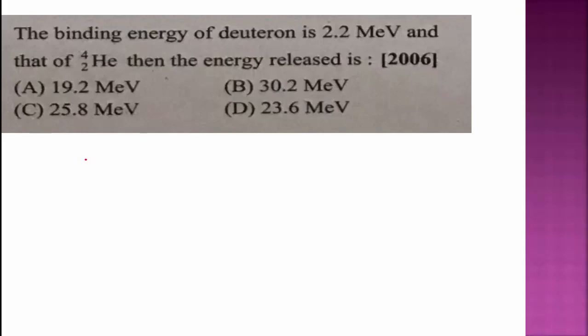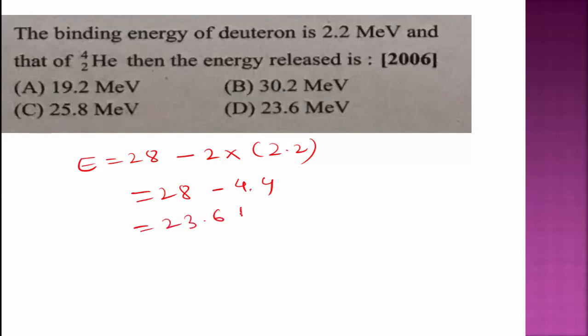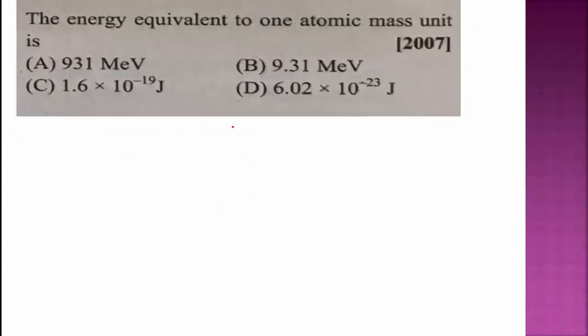In this reaction the energy released is 28 minus 2 into 2.2. We get 28 minus 4.4, that is 23.6 mega electron volt. Option D is the right answer.